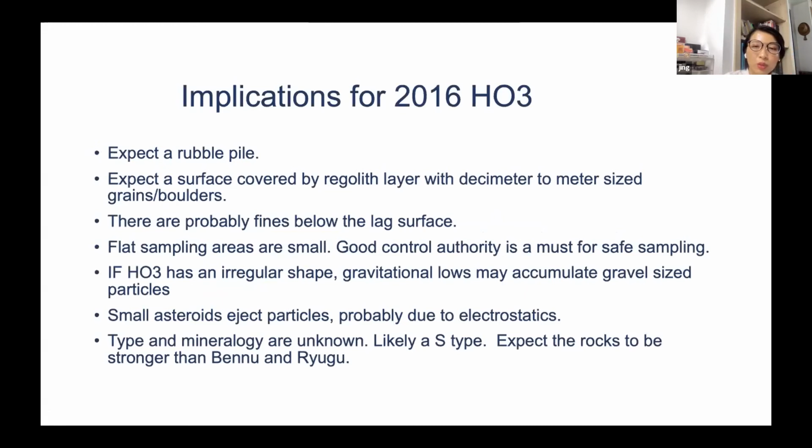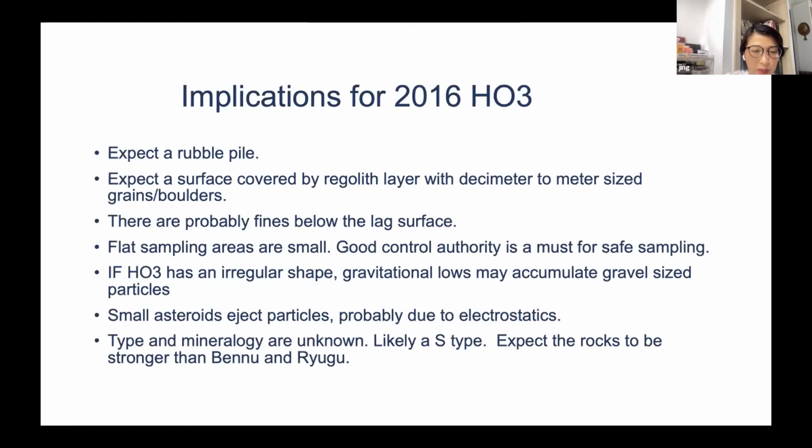Coming to 2016 HO3, what's the implication? So we can expect it could be a rubble pile, a surface covered by regolith layer with decimeter to meter sized grains.